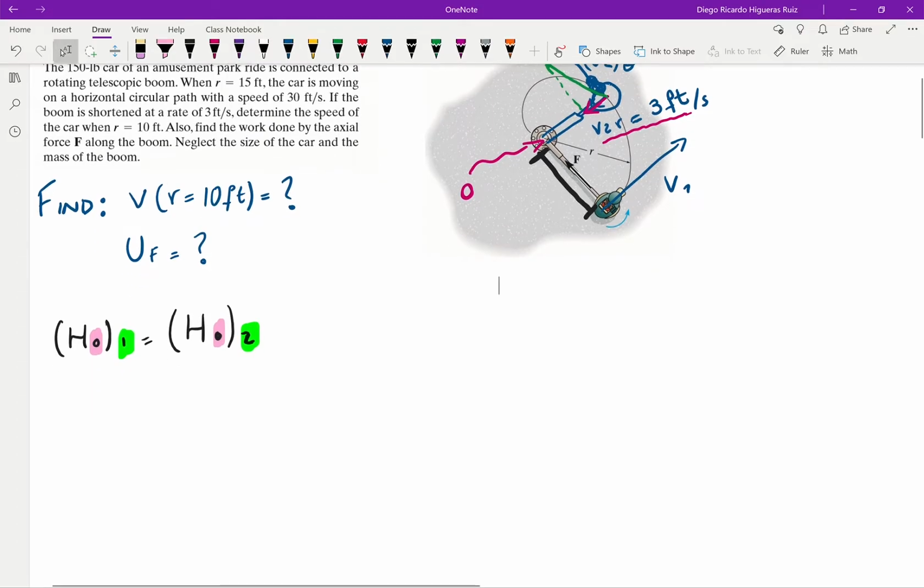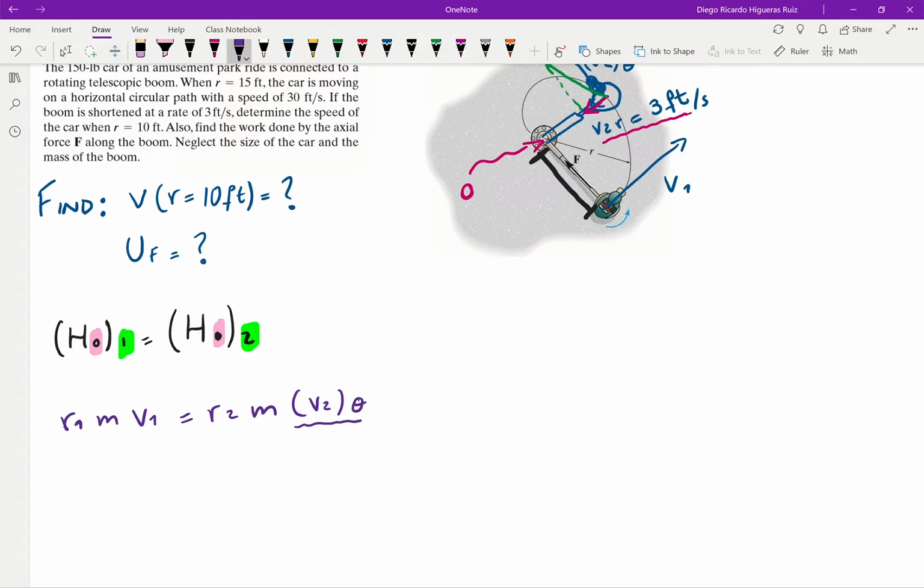So we got the initial position times the mass times the velocity at 1 equal r2 times m times v2 theta.